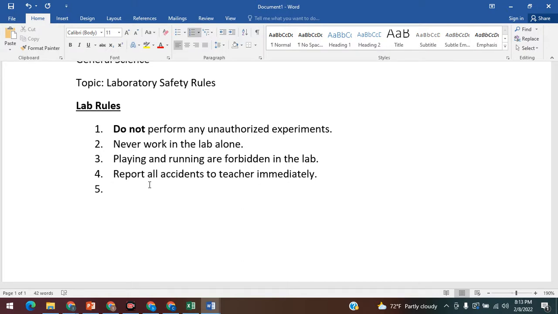But you try to mitigate them as much as possible, and one of the ways you can mitigate them is by not doing silly things. So if an accident were to happen, report it to the teacher immediately. Don't try to hide it, don't try to cover it up. Let the teacher know what's happening. Be transparent.